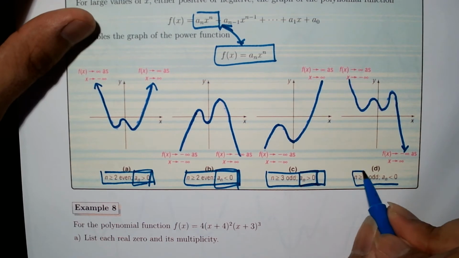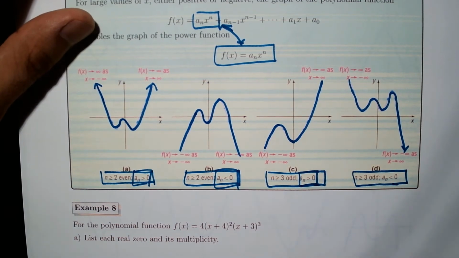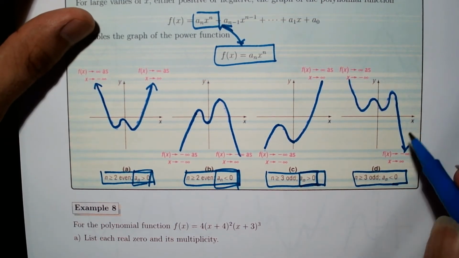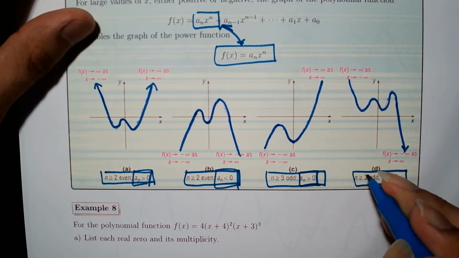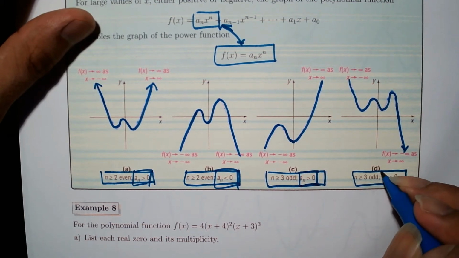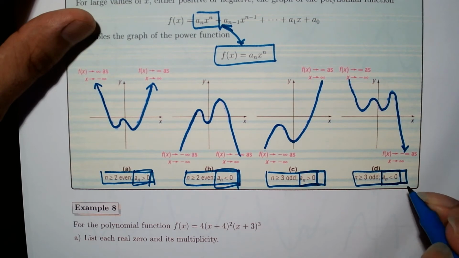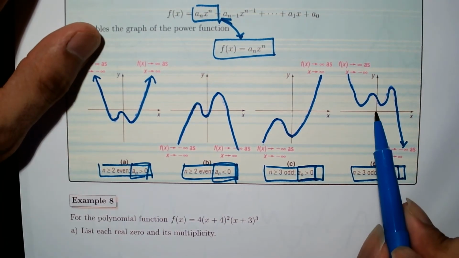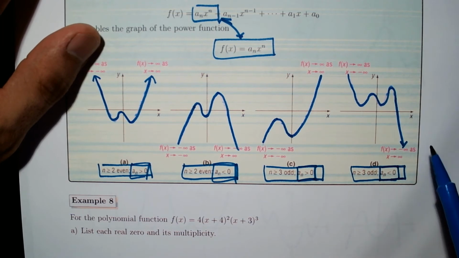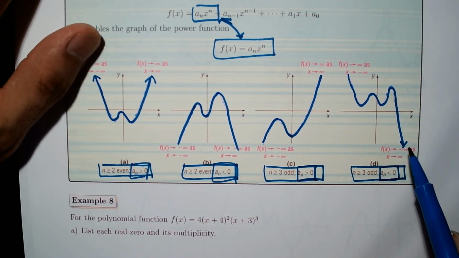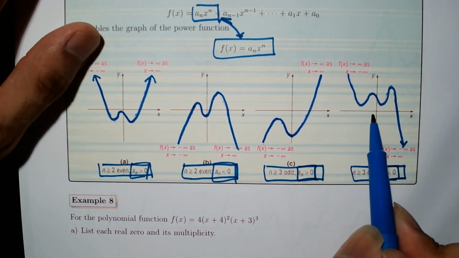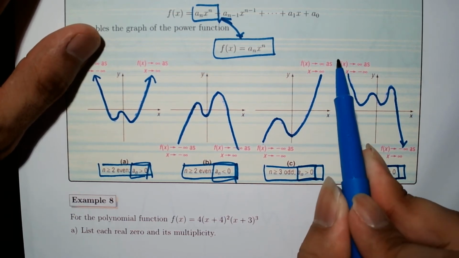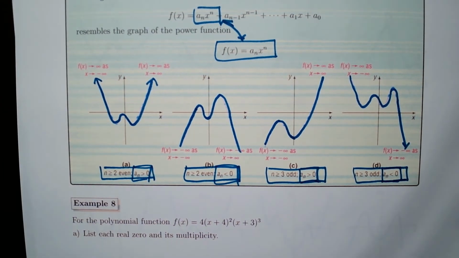Now, keep in mind the odd degree, but now in this case the leading coefficient is negative, so these are going to be flipped. So in this case, as we move to positive infinity in the x direction, y is going to go to negative infinity, and if we go back to negative infinity, y is going to go to positive infinity.